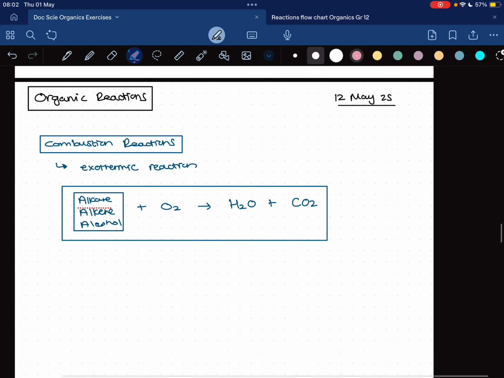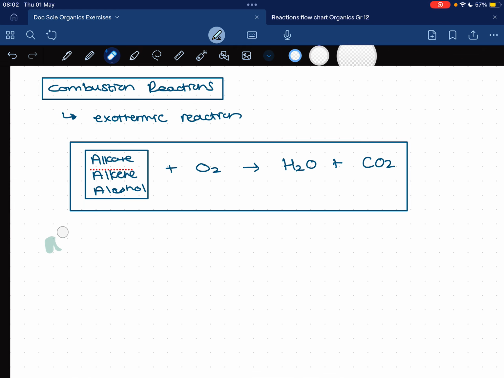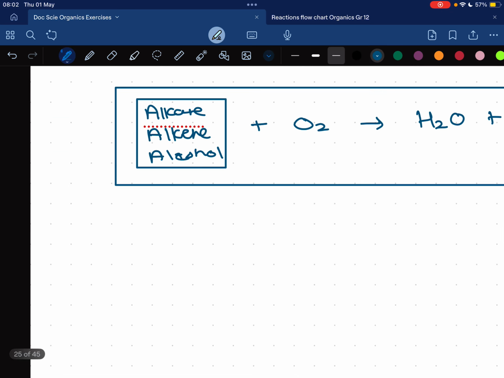So when we think about an addition reaction, an addition reaction means that we are essentially going to add something into the equation, into the reaction.